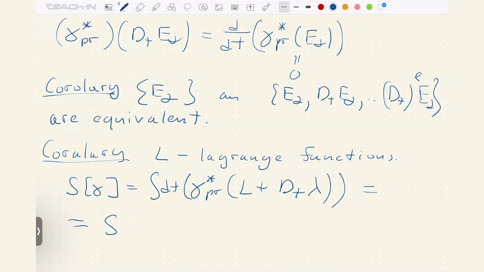This is going to be the initial action plus what's called a boundary term, right? So use this property.